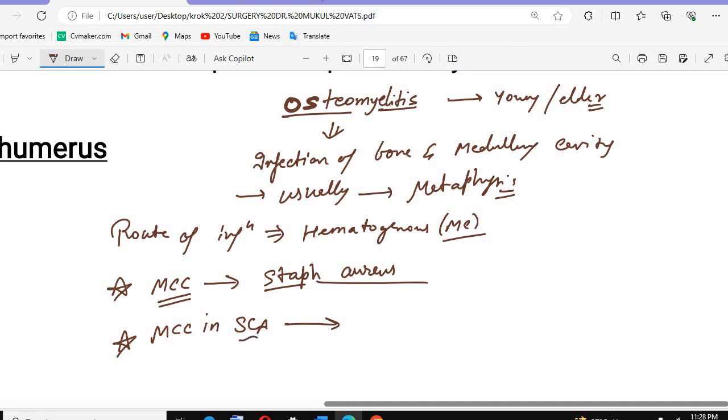If it is a case of sickle cell anemia, the most common cause of osteomyelitis is Salmonella. You can write here: Staph aureus equals orthopedics. Any orthopedics question, mark Staph aureus.